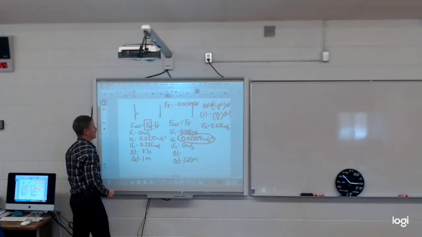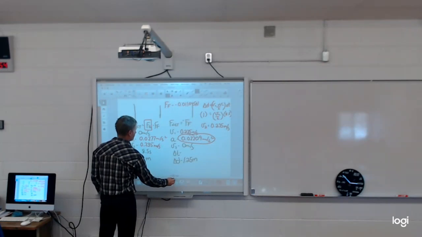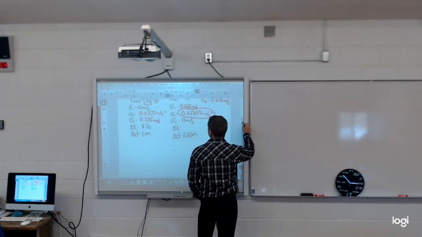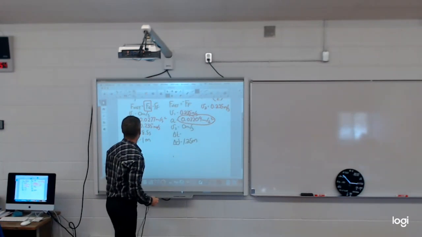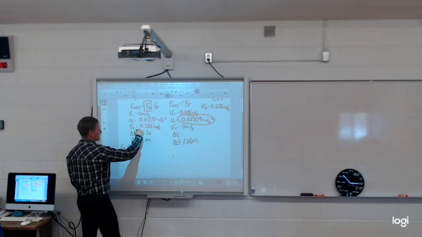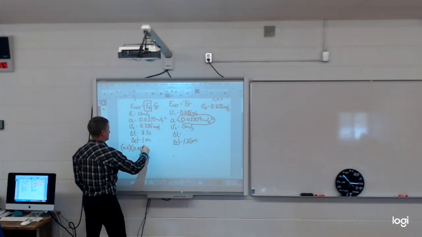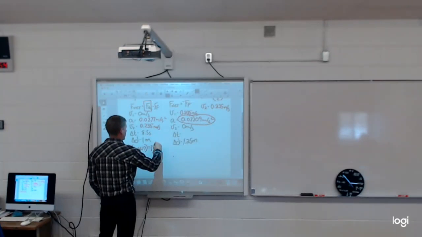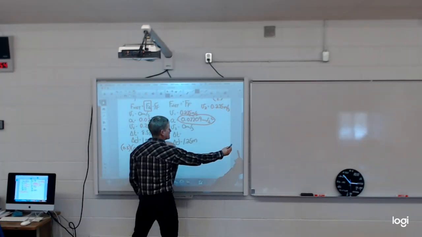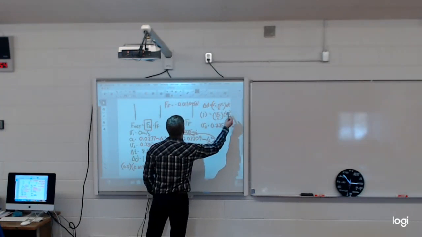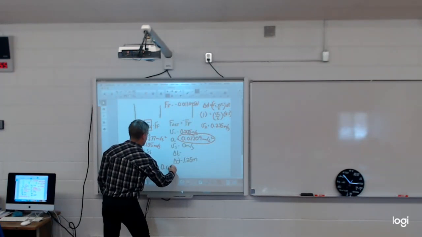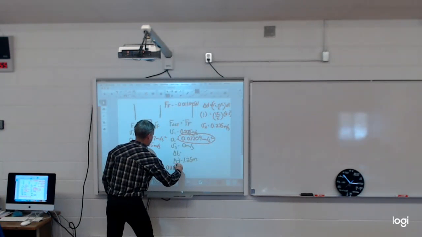And now, my last step in this then is my mass is 0.5, my acceleration is 0.0277, which is equal to Fa minus the force of friction, which we found out was this value here, 0.011045 newtons.